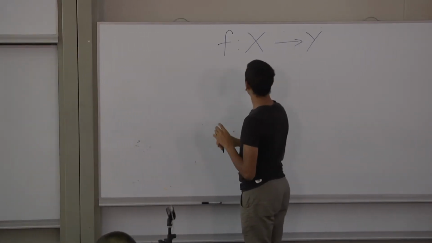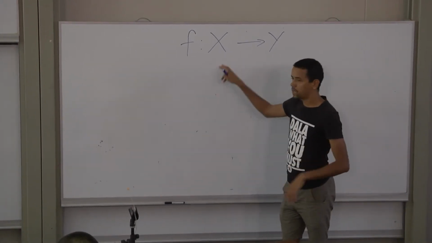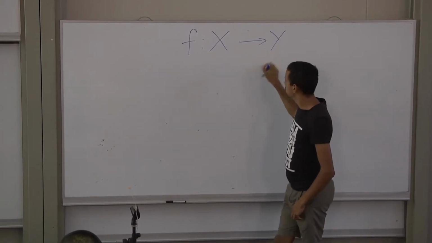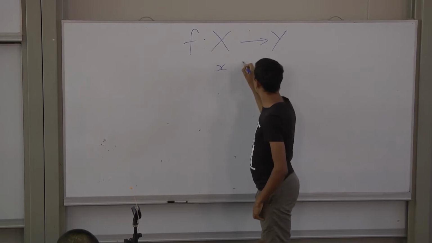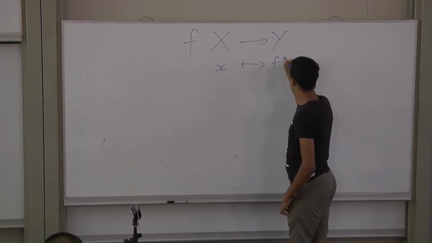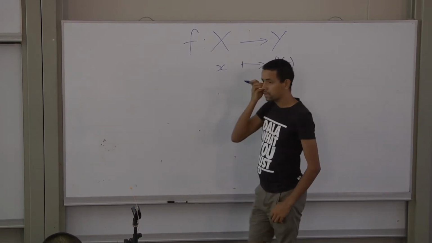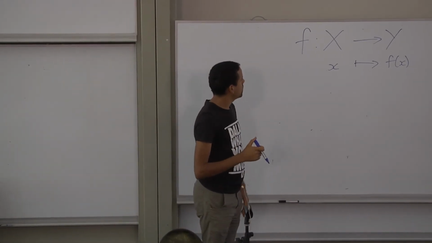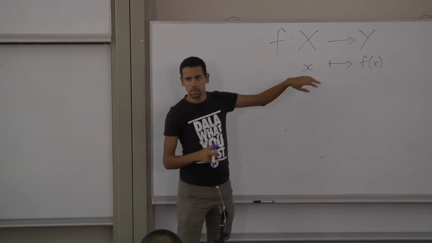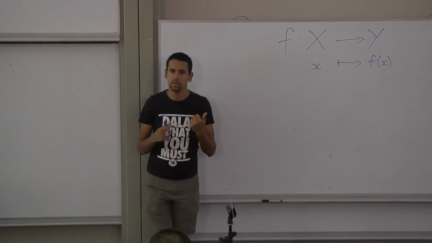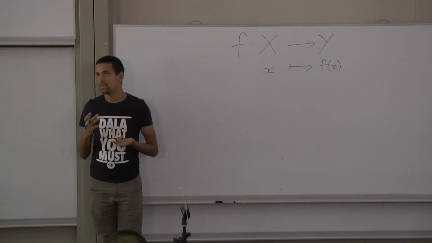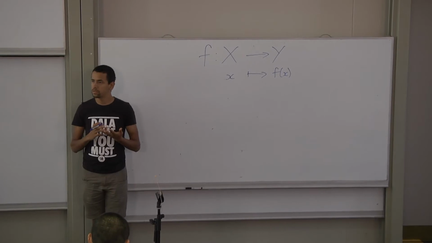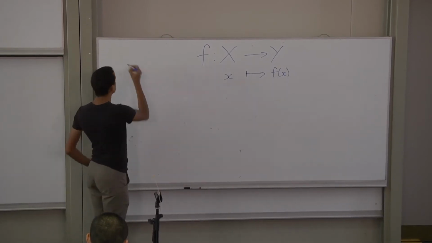Okay. So a function, for each element here, associates to that another element in here. So your x gets mapped to f of x. Usually in Olympiads, your input set and your output set would either be the set of integers or positive integers or real numbers, sometimes rational numbers, or some more exotic set.